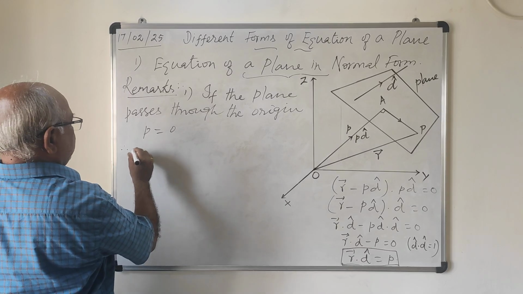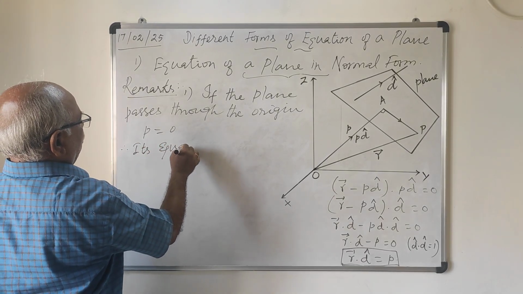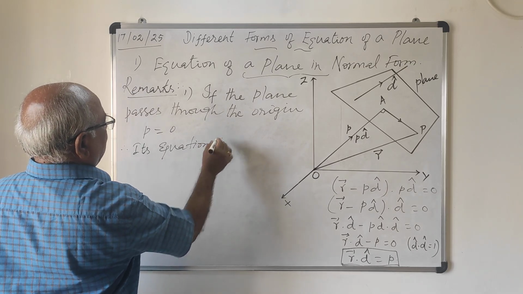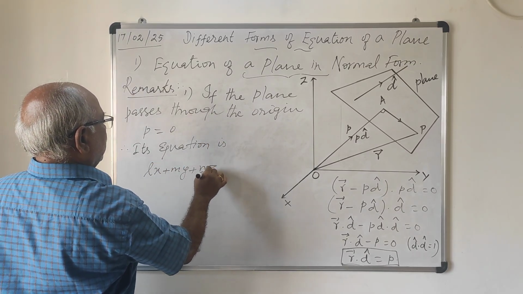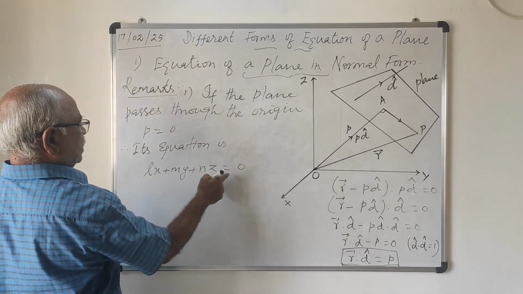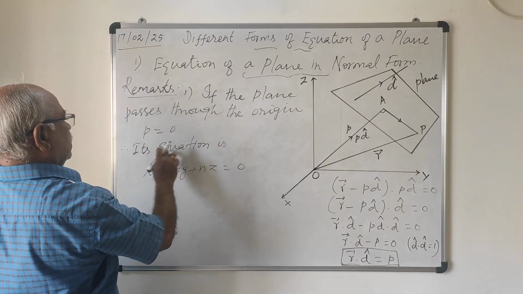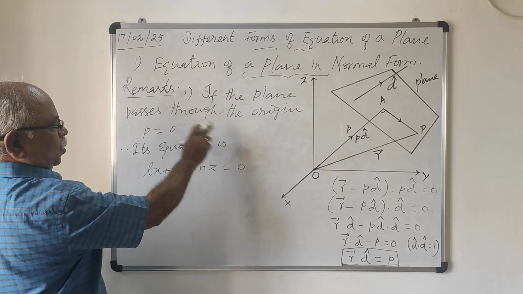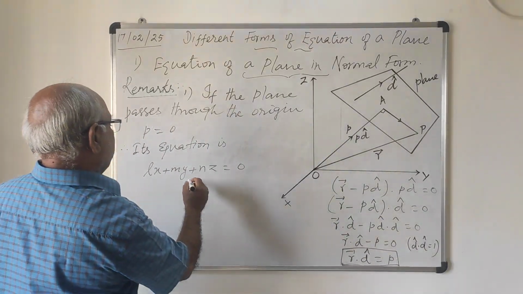Therefore its equation is lx plus my plus nz equal to p, which should be 0. So lx plus my plus nz is 0. If the plane passes through the origin, the distance of the plane from the origin is 0, therefore lx plus my plus nz is 0. This is one remark.